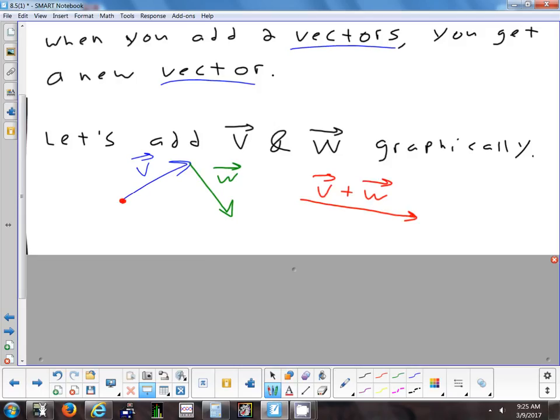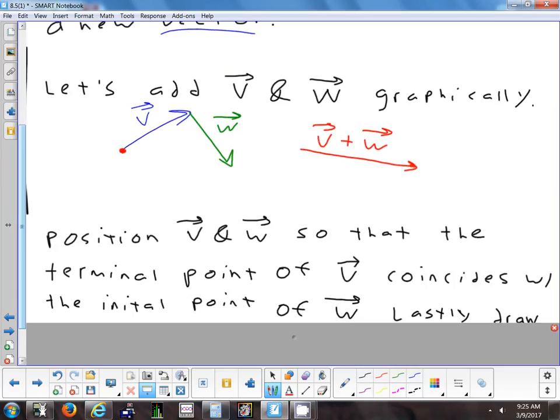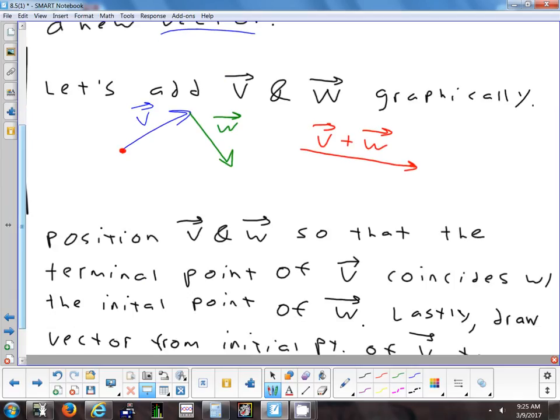Okay. So how did I do that if you want me to describe it in words? You have to position V and W just like I have them up above, so that the ending point of V, which is right where the tip of the arrow is, lines up with the initial point of W, which is where the arrow starts.